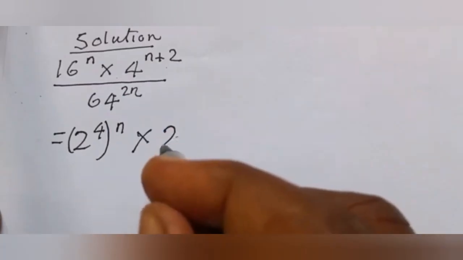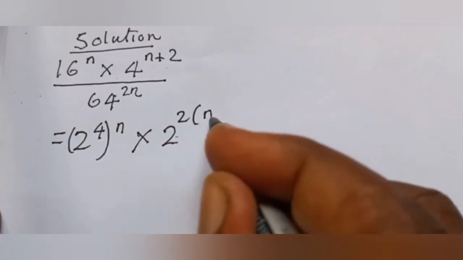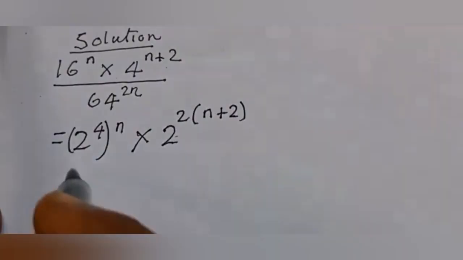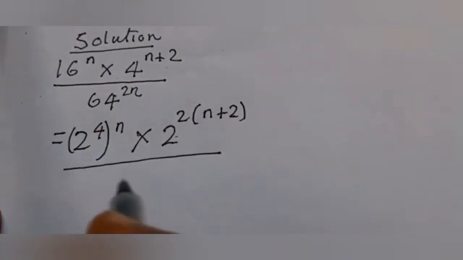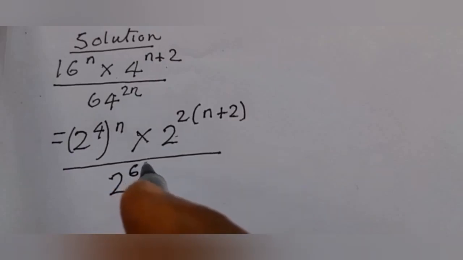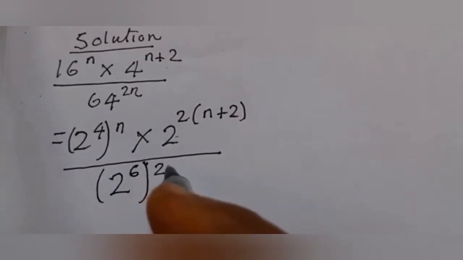So we have 2 raised to power 2 in the bracket, n plus 2, over 64. This is 2 raised to power 6 in the bracket raised to 2n.